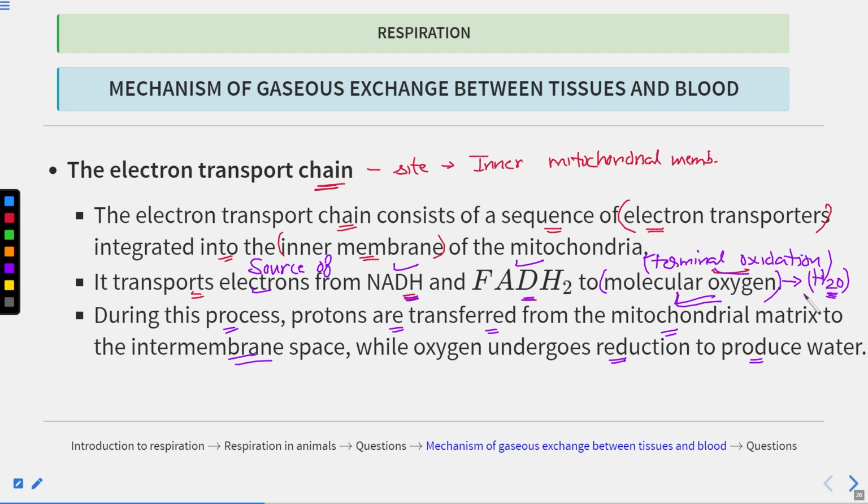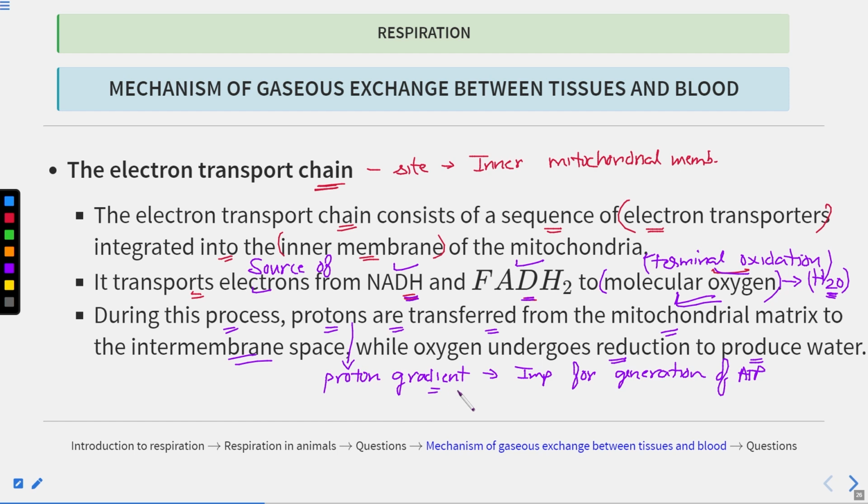Now, while the electrons are being transferred from one electron carrier to another, a proton gradient is created. This proton gradient is very important for the generation of ATP.